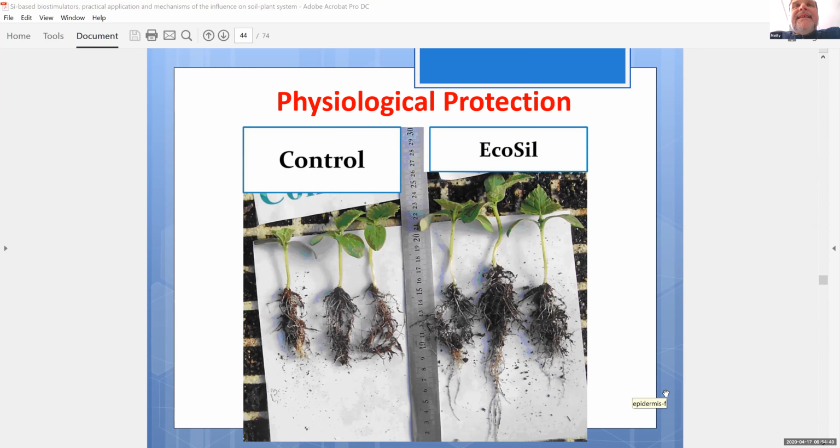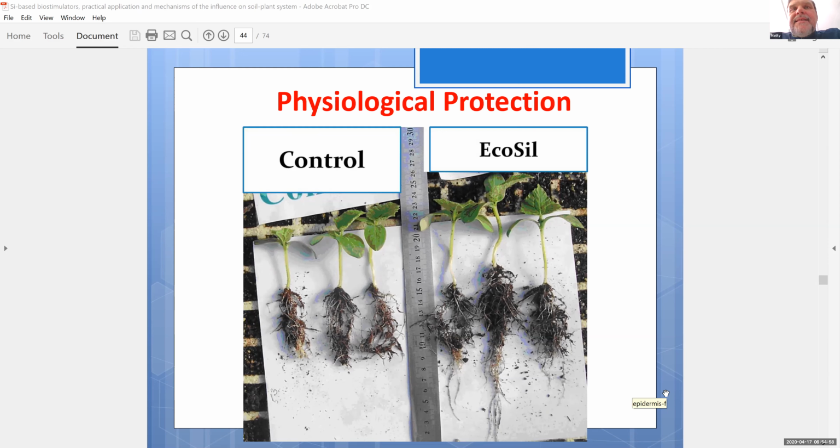The next is physiological protection. Physiological protection means that we can reactivate physiological functions of the plants like root formation, photosynthesis, and chlorophyll content.